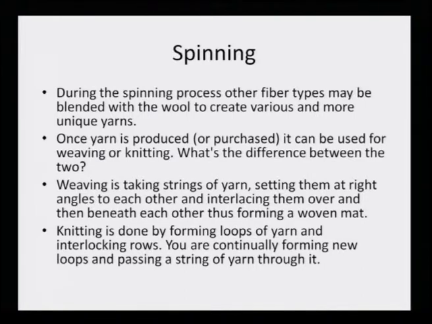What is the difference between the two? Now, let us look at the terminology. Weaving is taking strings of yarn, setting them at right angles to each other and interlacing them over and then beneath each, thus forming a woven mat. I told you that just the way in cotton we have a warp and a weft, one string going in the x direction and the other going in the opposite horizontal direction.